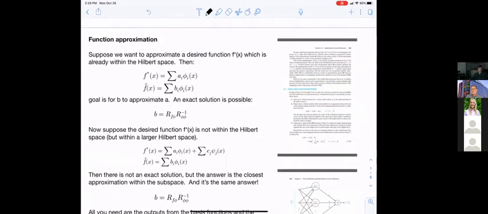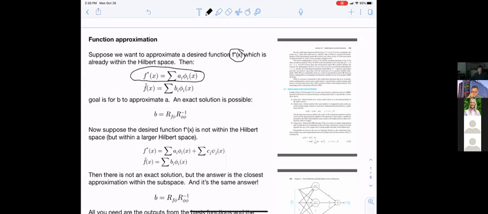All right, so now let's get back to function approximation, which is where we're going to go with our radial basis functions. But again, I haven't talked about radial basis functions yet. Suppose we have a desired function f star of x, which is already within the Hilbert space, right? So that means that I can write f star of x as a combination of the basis functions phi.